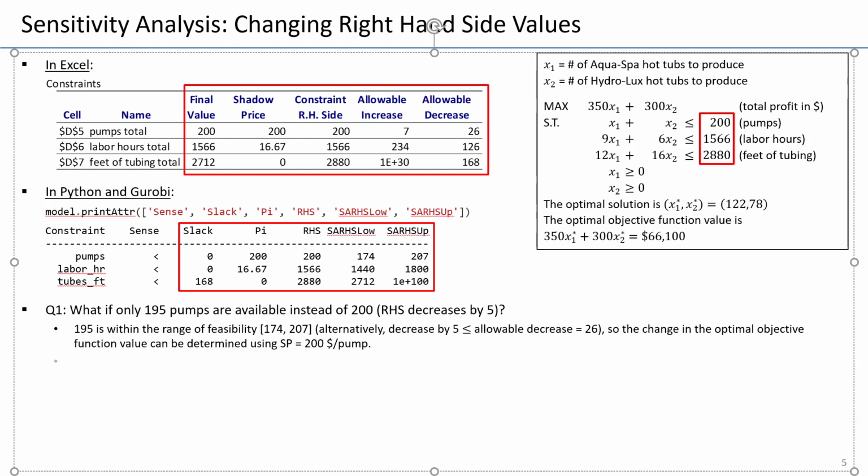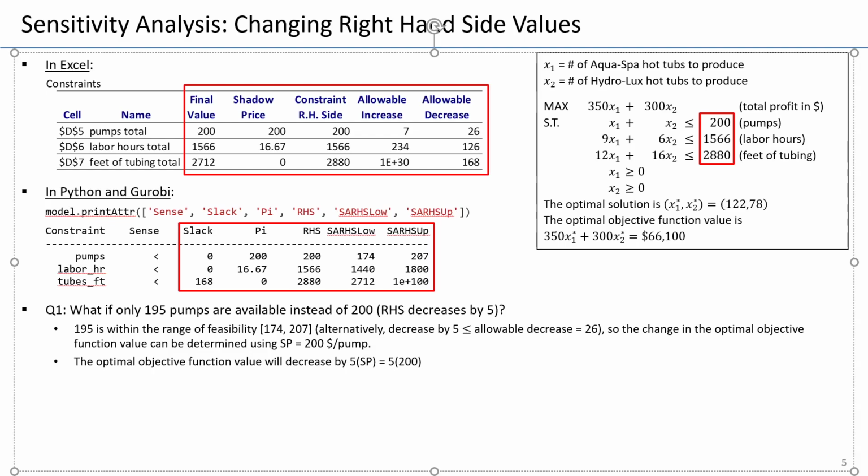So this is the first thing. We know we can use the shadow price. Since we can determine the optimal objective function value, let's just determine it. We decrease the right-hand side, so the optimal objective function value will also decrease. We decrease the right-hand side by 5, so it will decrease by 5 times the shadow price. For 5 pumps less, we get 5 times the shadow price less of profit, right? So this will be 5 times 200.